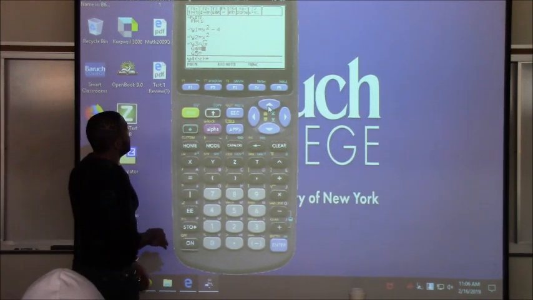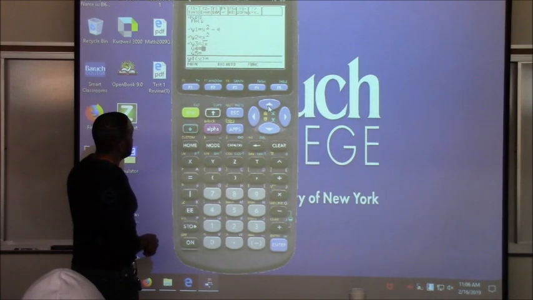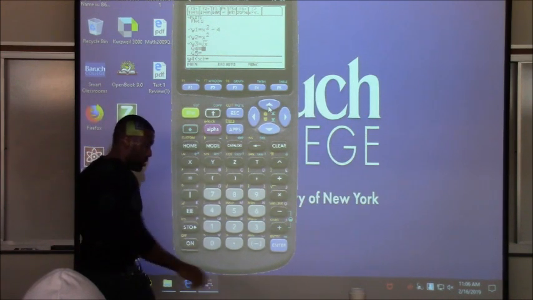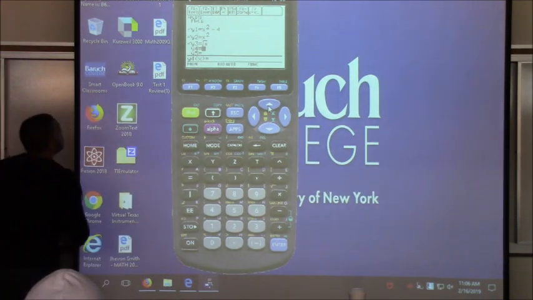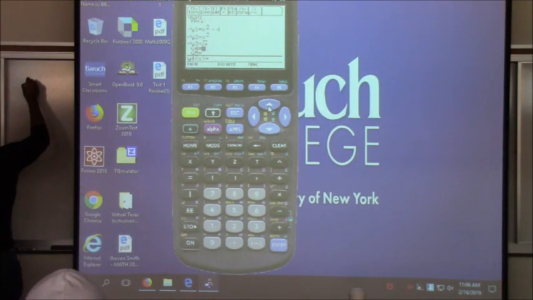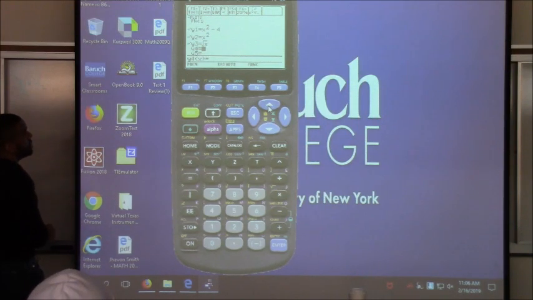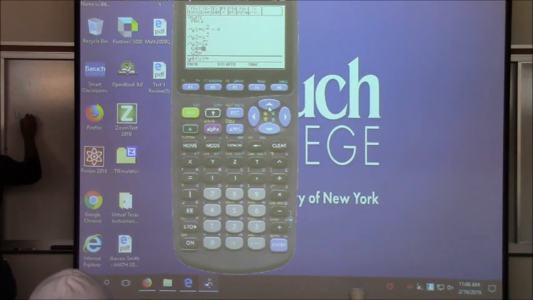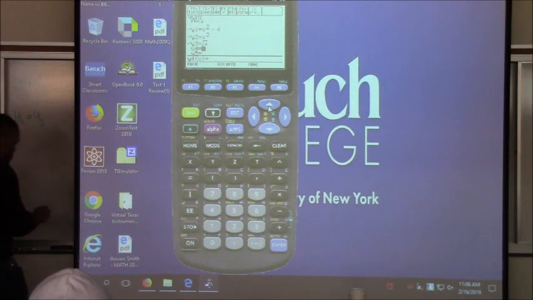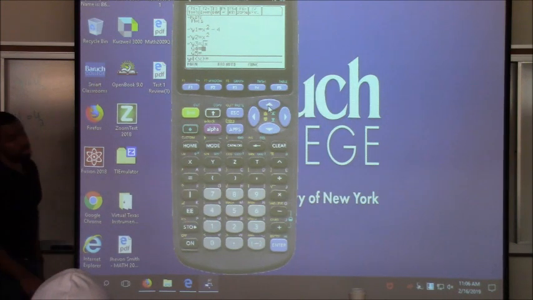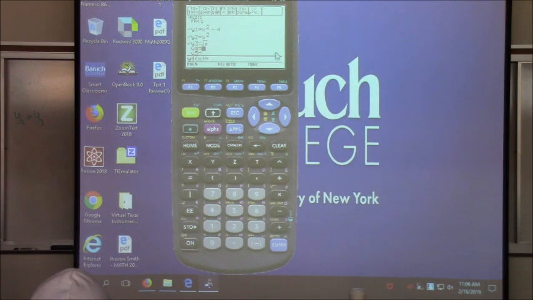So let's actually find some composite functions. Let's say I wanted to find y1 of y2, or I wanted to find, let's say, y2 of y3. There's nothing too crazy here.